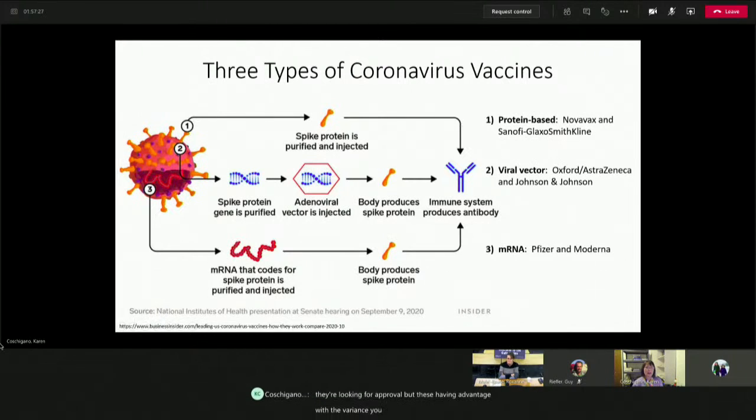You've probably been hearing about variants. These have an advantage in that they can easily take the genes that encode those variants and produce those variant spike proteins and then inject them. And so people will be protected against those variants. It's a little easier with those.